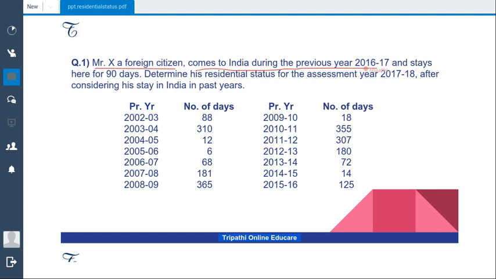And as it is not applicable, he can satisfy any of the given two basic conditions if he wants to become resident of India. So let us proceed ahead and say he stays here for 90 days. So that means in 2016-17, he was in India for 90 days.